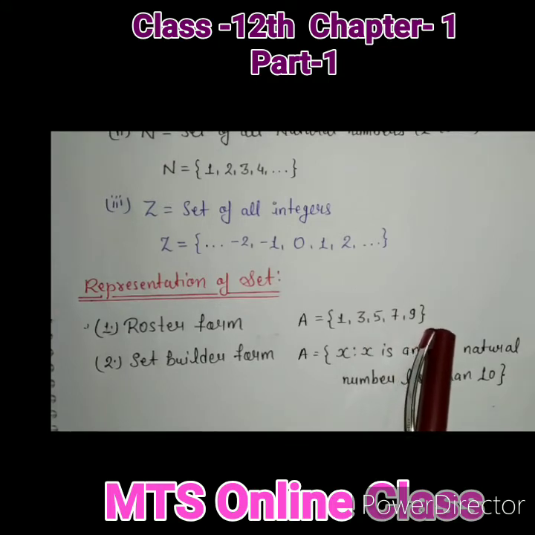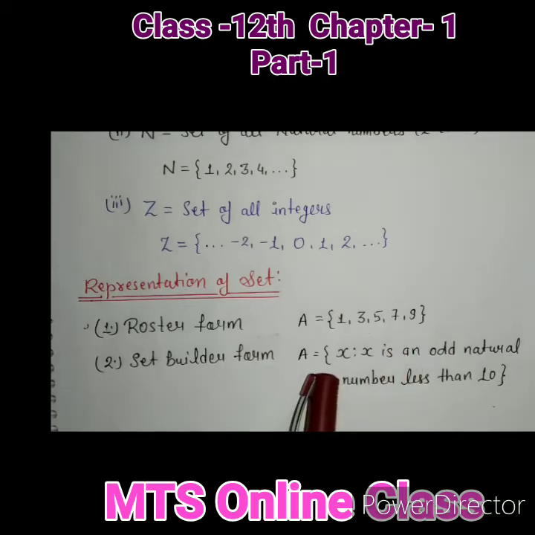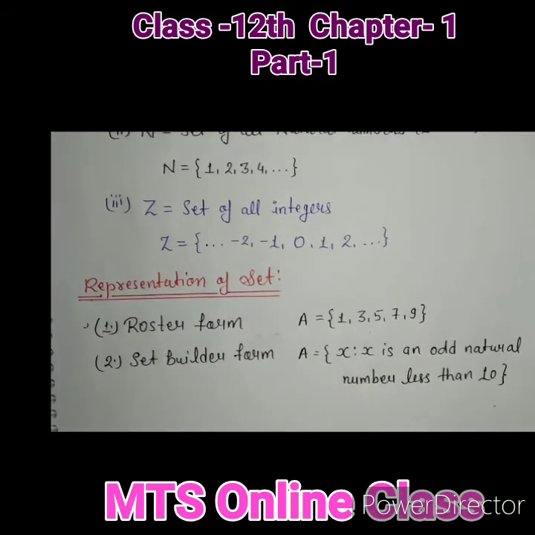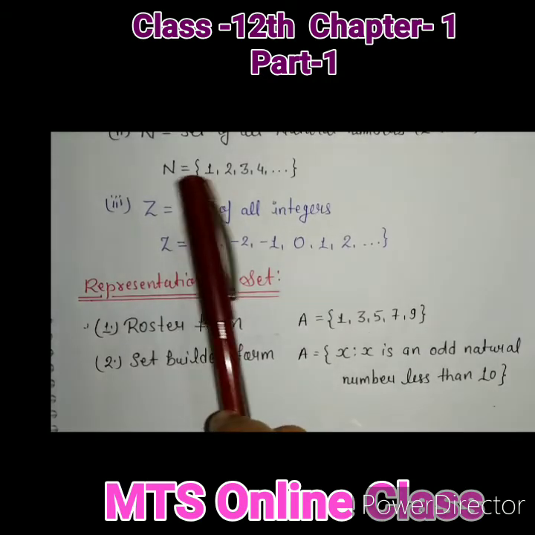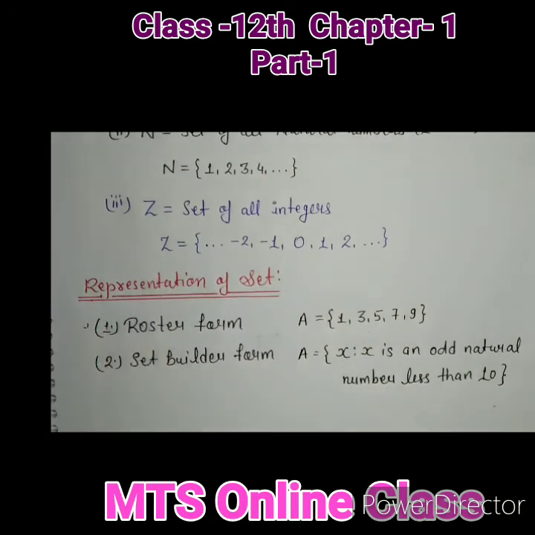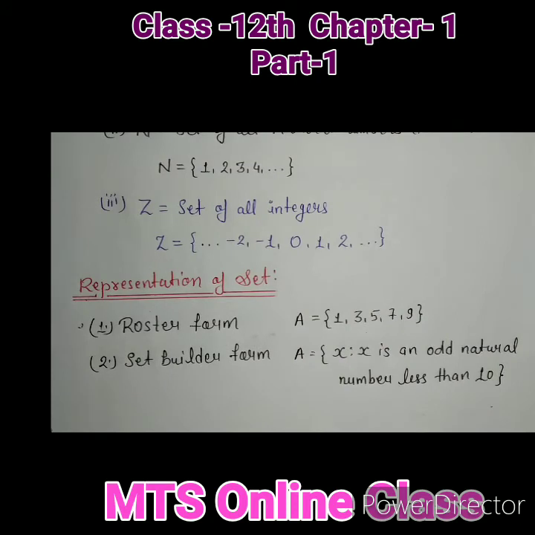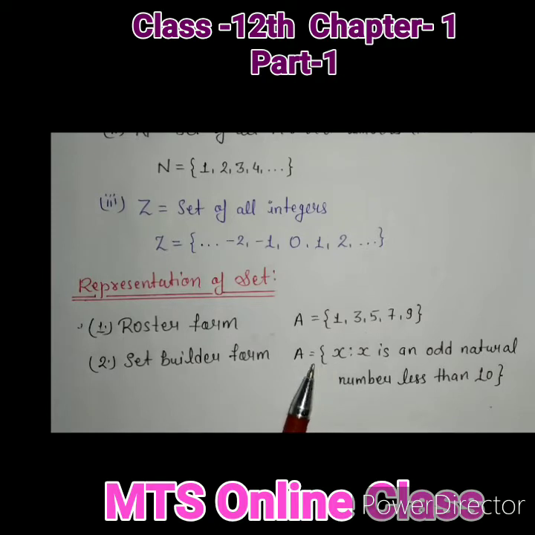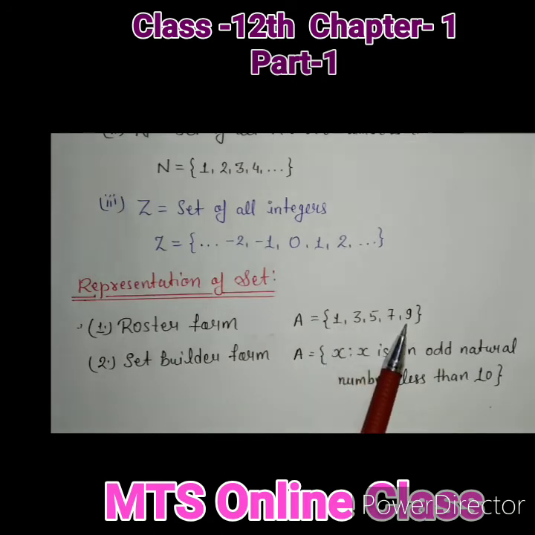The set of all natural numbers we can represent as N is equal to {1, 2, 3, 4, ...}, that means and so on. In set builder form, it is represented as A is equal to {x such that x is an odd natural number less than 10}. You see, here all numbers are less than 10 and all are natural numbers.